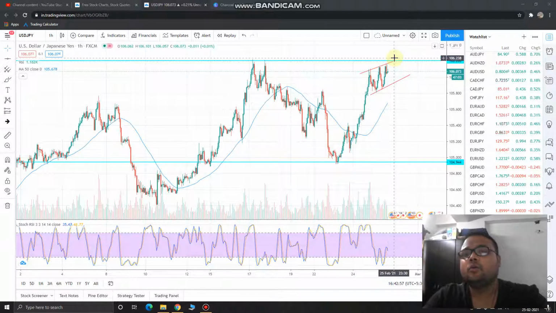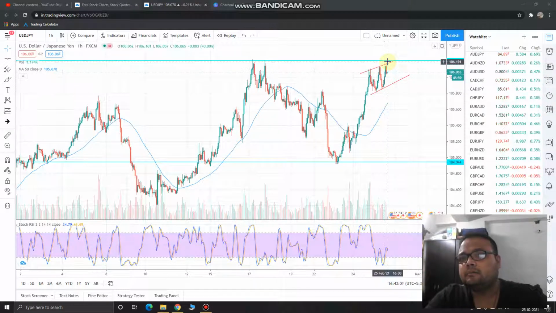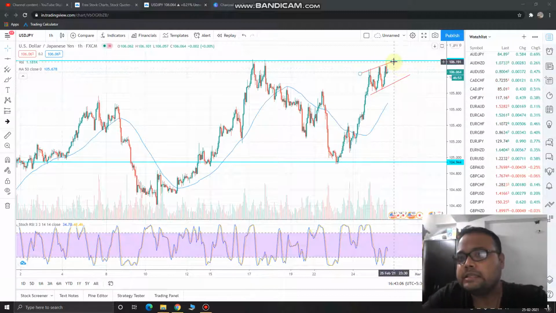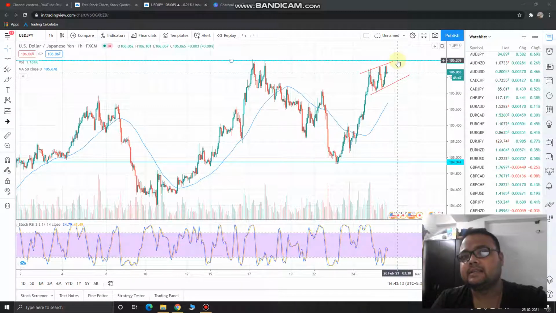But the market may reverse also. So what do we need to do? In case the market reaches the 106.20 level, you just observe how price is reacting at the resistance.